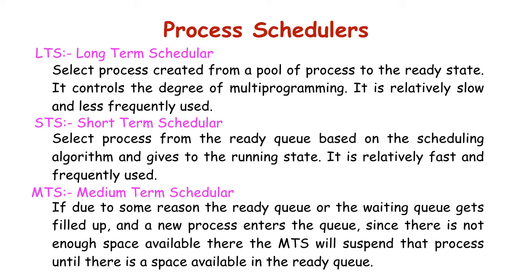Due to some reason, if the ready queue is full and the waiting queue is full, the new process cannot enter into those queues. Since there is no space available, the medium-term scheduler will suspend that process by swapping it out to the suspended states, and when the spaces are available in the respective queues, it would be swapped back in to the queues.